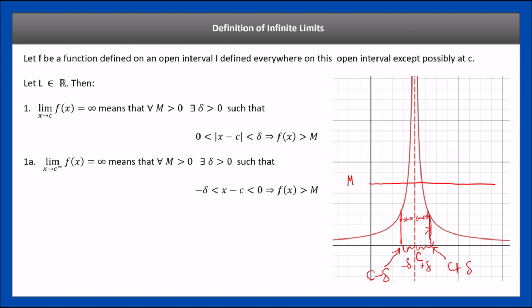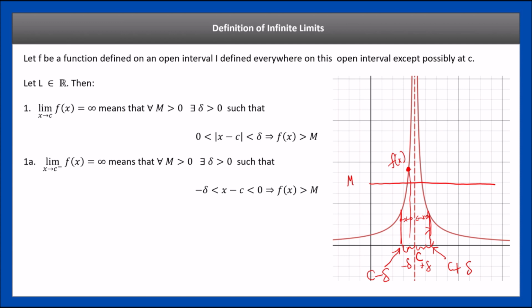Such that if I take the value of x and plug it into the function, I get f of x. So there exists that delta such that if there is an x in that interval, f of x would be greater than m.